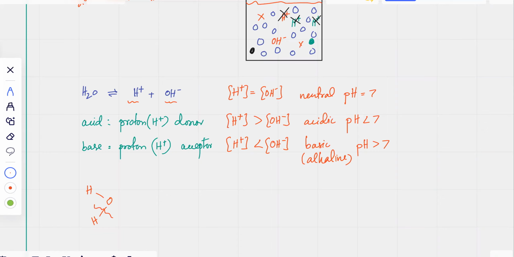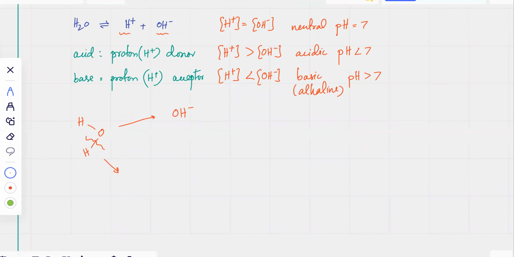And it would split into 2 ions. One of them is going to be OH ions, and the other one is going to be H+ ions, right? So it's an endothermic process, right? You need energy for the water molecules to ionize.